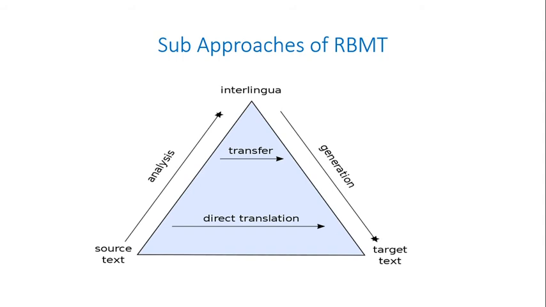If we move a little up, we see the transfer approach, where the analysis is also very obvious. We can see the analysis there, and then the generation. But if we go to the top of this pyramid, we see the Interlingua. So the analysis is heading towards the Interlingua, and then we get the generation, which is the target text.